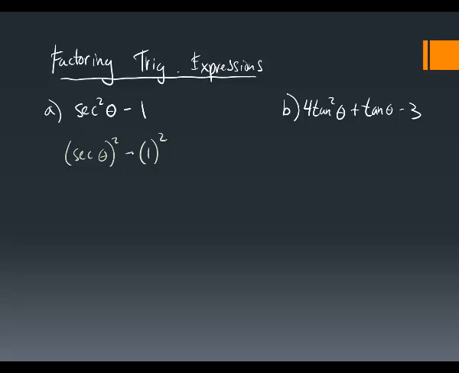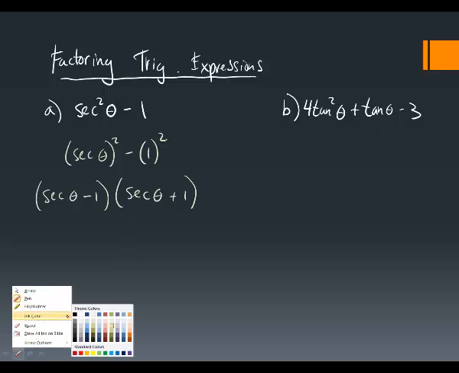And if you remember this particular scenario, this is the same thing as secant theta minus 1 and secant theta plus 1. All right? And we have it factored. That's how we factor that kind of thing.